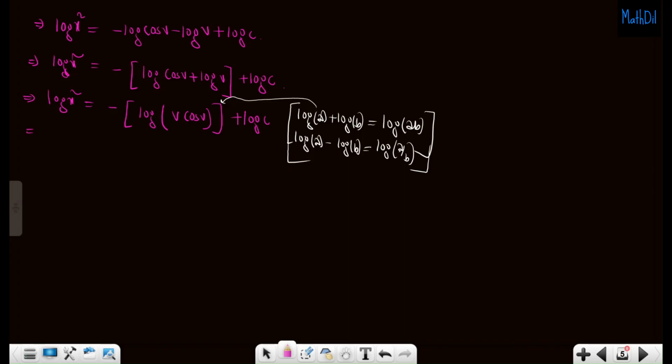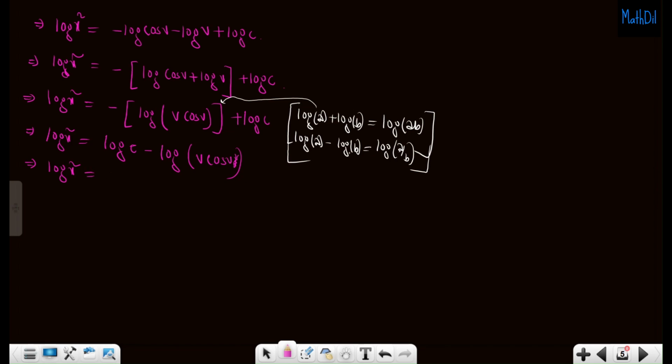So it will imply log of x square is equal to, write this log c, minus this term, so minus log v cos v. And again it will imply log x square is equal to log c.